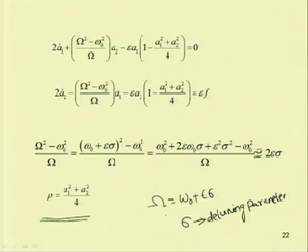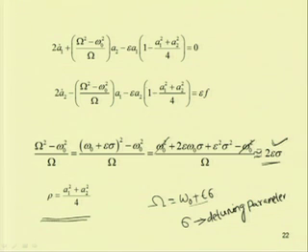So, (ω² minus ω₀²) by ω can be written by substituting this expression: ((ω₀ plus εσ)² minus ω₀²) by ω, which is (ω₀² plus 2εω₀σ plus ε²σ² minus ω₀²) by ω. The ω₀² cancels, and this term is nearly equal to 2εσ.